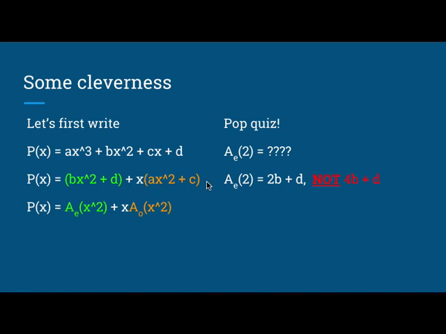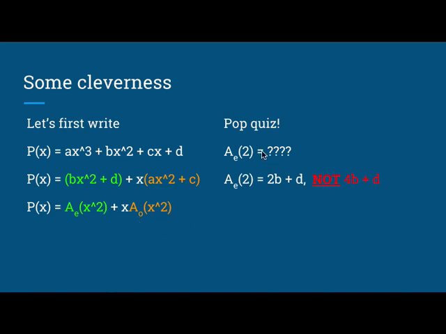Any questions so far about this? Now you notice how this green thing is a polynomial of its own. It's a polynomial in x squared, AE of x squared. This is very important. I'm going to say it again, AE of x squared, not AE of x. I've seen way too many students make this mistake. So again, AE of x squared, plus x times AO of x squared.